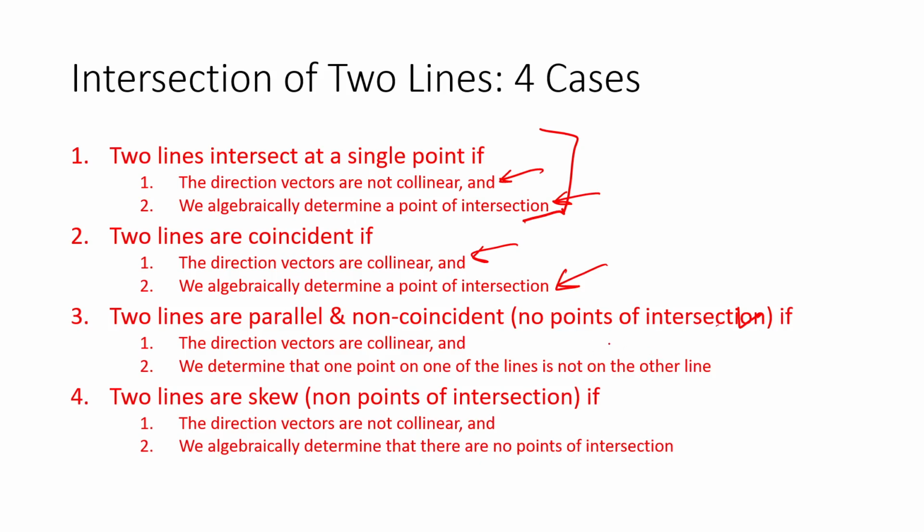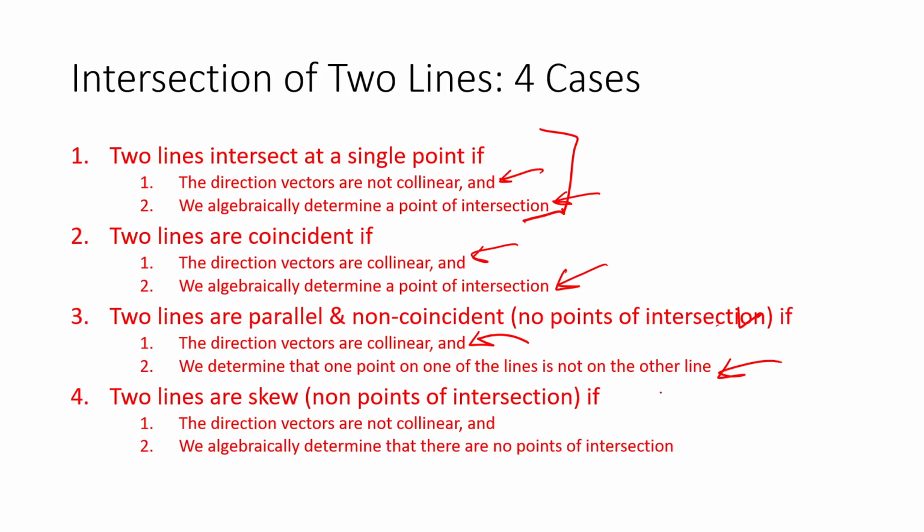Now, it's possible for 2 lines to be parallel but non-coincident. This would happen if the lines were parallel, or in vector speak, we say the direction vectors are collinear, and there's a point on one that is not on the other. If you have 2 parallel lines, but there's one point on one of them that's not on the other, the lines are different and distinct.